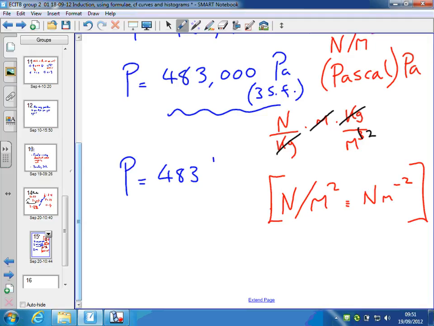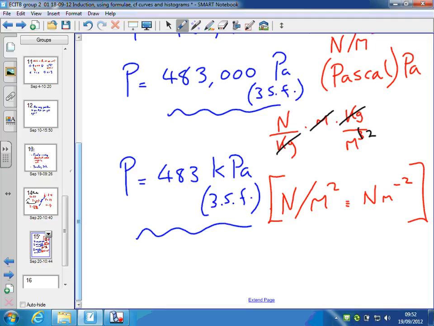A kilopascal, to 3 significant figures. So I could write 483 kilopascals to 3 significant figures, because 1,000 pascals is 1 kilopascal.